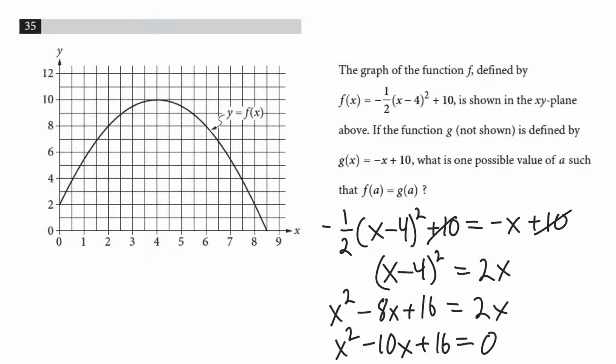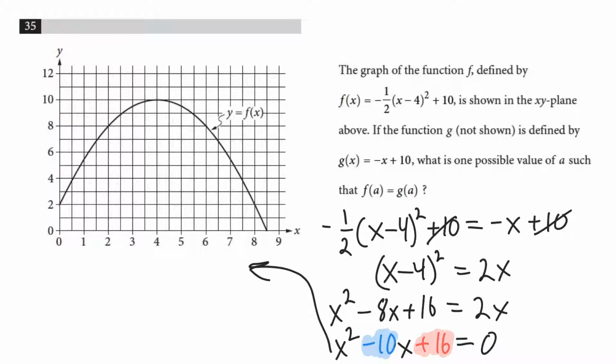Okay, so from this point, it's pretty easy to factor this. My a is 1, so I'm looking for two numbers that multiply to c and add to b.